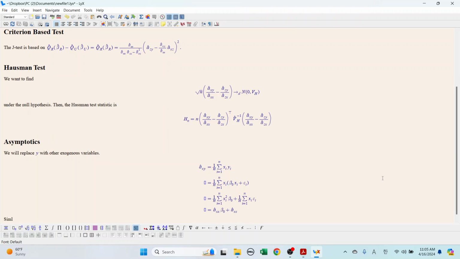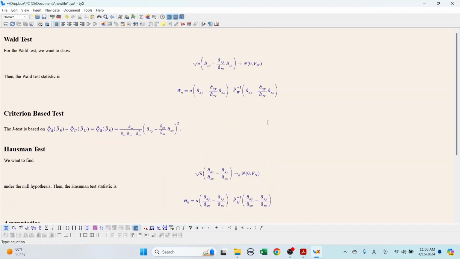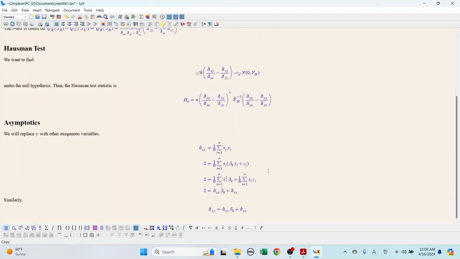Similarly, zy can be written as xz beta 0 plus the average of z epsilon. Okay, so we are going to use these. Then first, let's think about this.